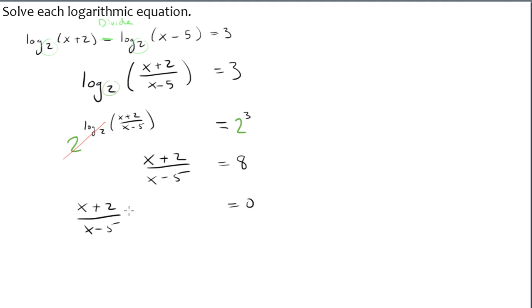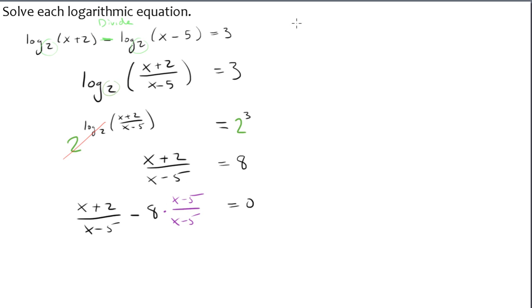So minus 8. I'm going to take 8, and I'm going to rewrite it as 8 times x minus 5 over x minus 5. I'm going to multiply the top and bottom by x minus 5 so that I can combine these two fractions.